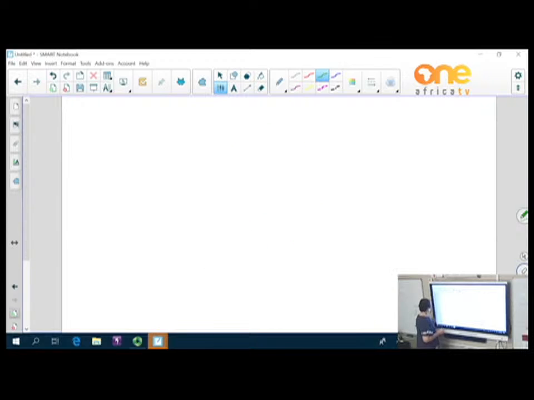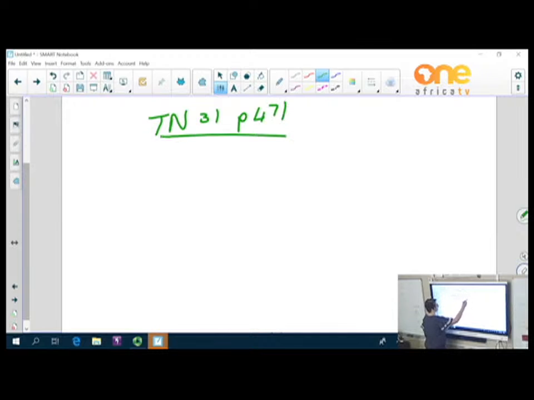Now, if we look in the textbook, the first exercise is just again finding those sides. So this is Try Now 31 on page 471. And again, just finding those sides there.